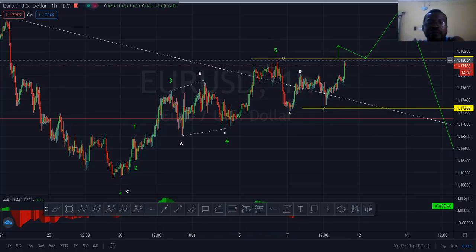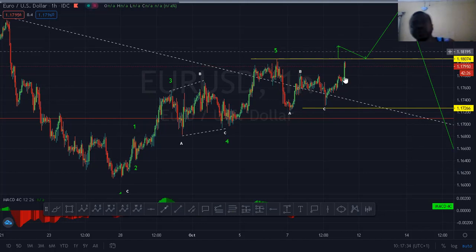But as long as this place holds, if it breaks above here and closes above it, then we can buy. Then it will simply mean that this move is wave A, and here is wave B, or wave 1, wave 2, 3, and so on. So keep your eyes on this line.